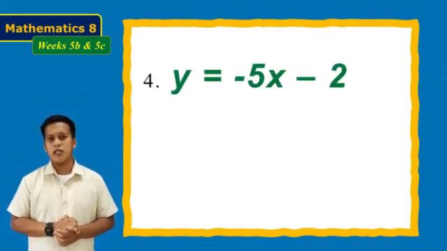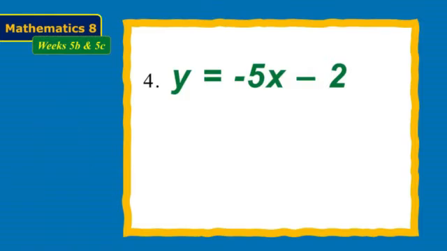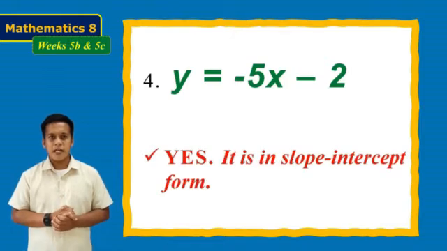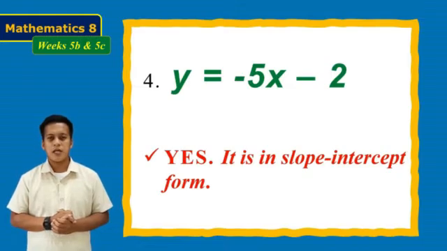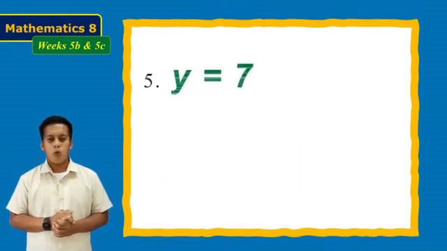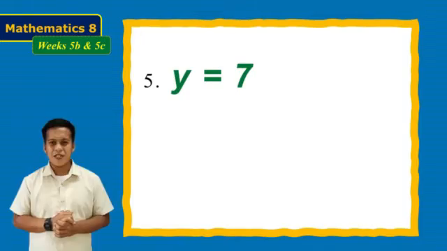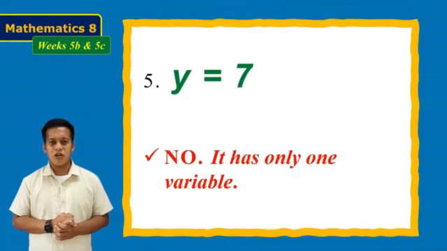Y is equal to negative 5x minus 2. The answer is yes. It is in slope-intercept form. Number 5. Y is equal to 7. The answer is no, because it has only one variable.